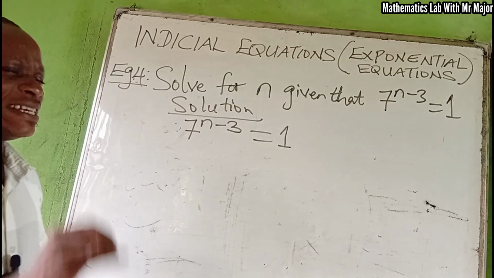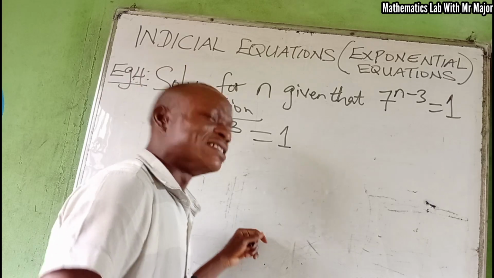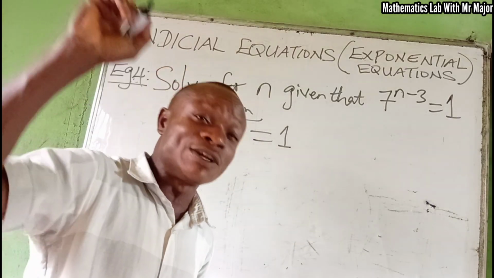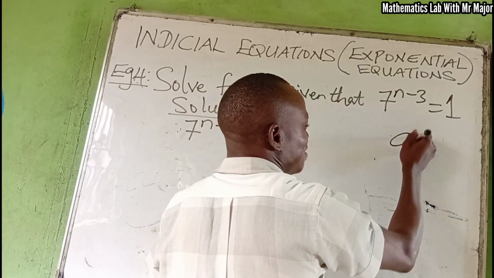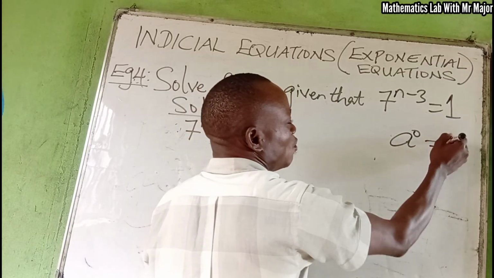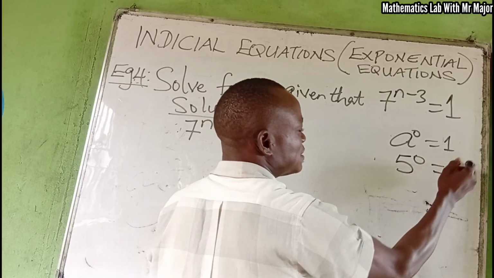How? Remember the zero power law of indices. The zero power law of indices says that anything raised to power 0 is equal to 1. That means a raised to power 0 is equal to 1. 5 raised to power 0 is equal to 1.